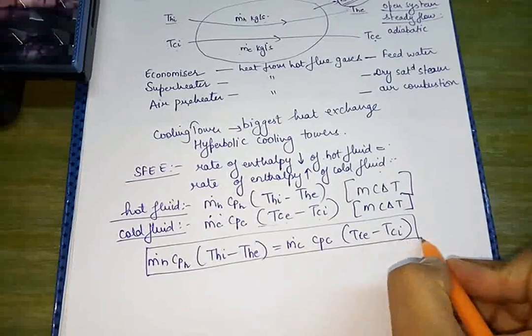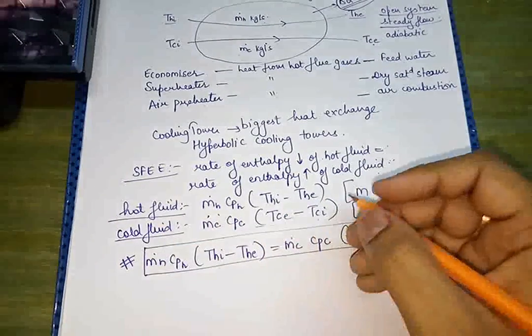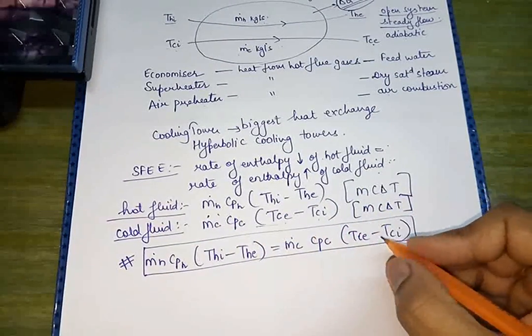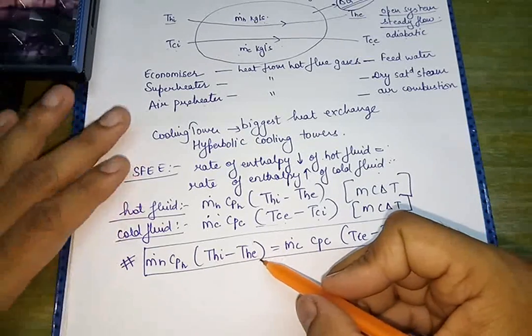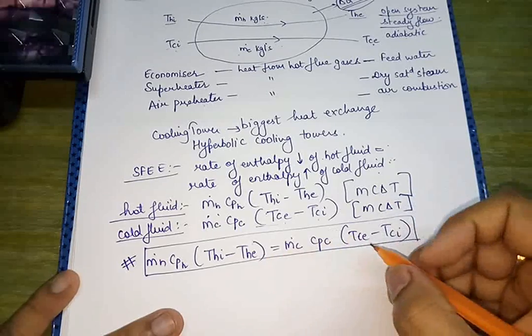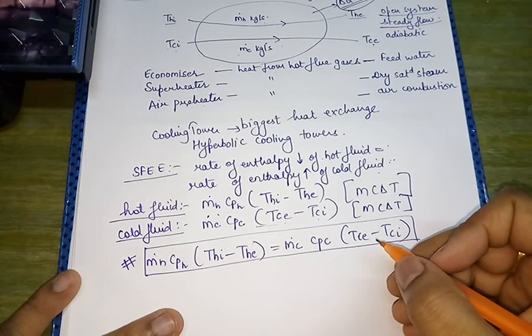So this is actually the steady flow energy equation applied to heat exchangers, such that the enthalpy drop in the hot fluid is equal to the enthalpy increase in the cold fluid.